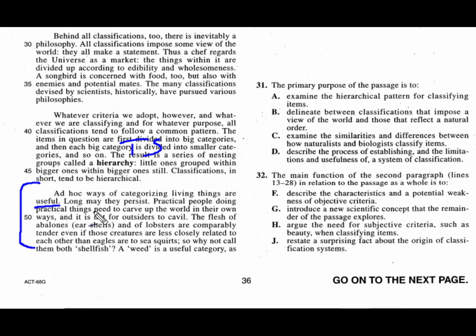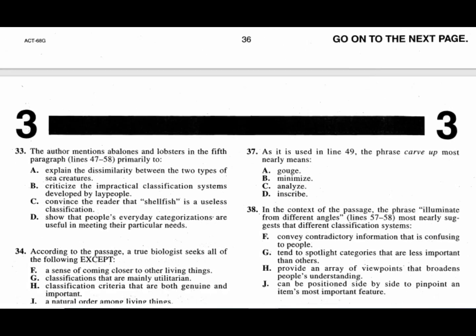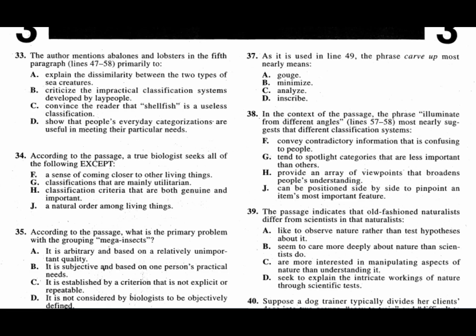When it says practical things are useful, that's going to be positive. All right, we'll go back and take a look at our answer choices and see if there is anything in there we can cross out right away. All right, label our answer choices. Answer choice A, explain the dissimilarities between the two types. Dissimilar.